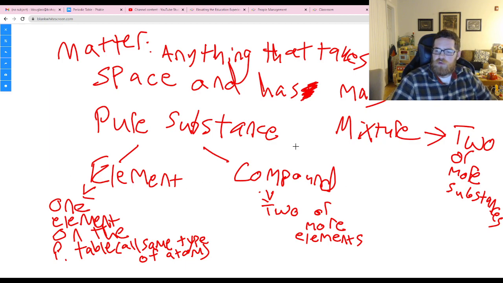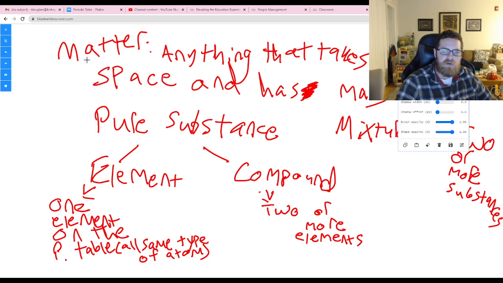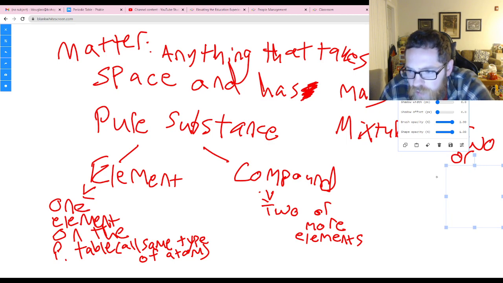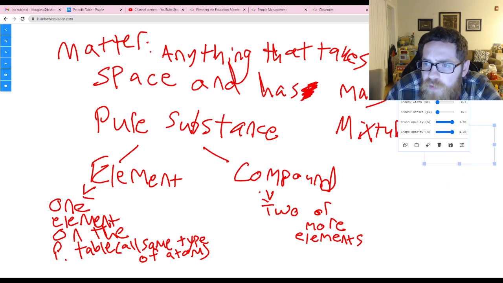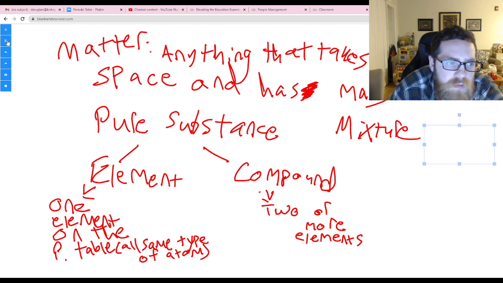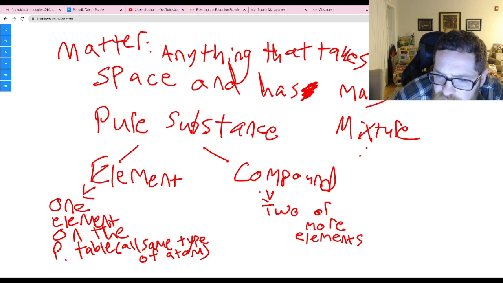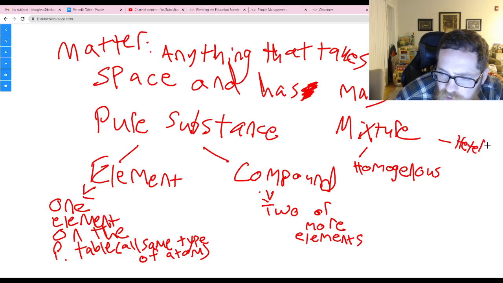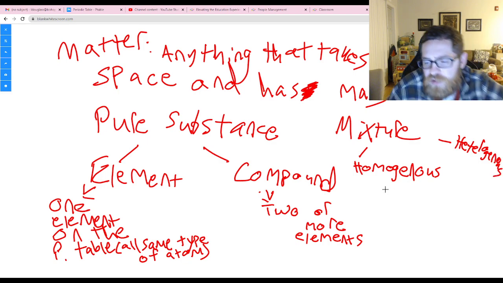As far as mixtures go, we have two subcategories of mixture. We have homogeneous, and we have heterogeneous.